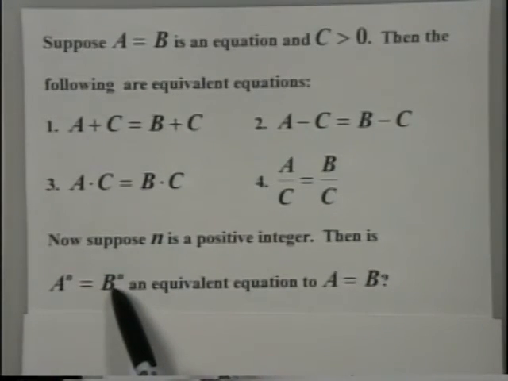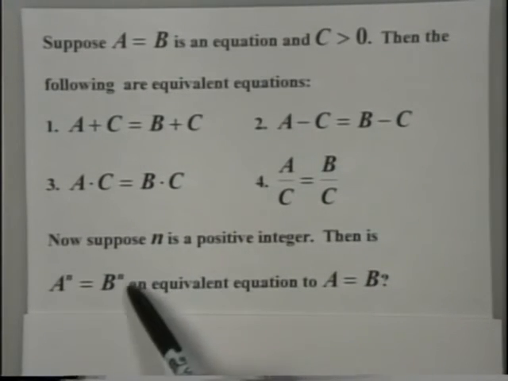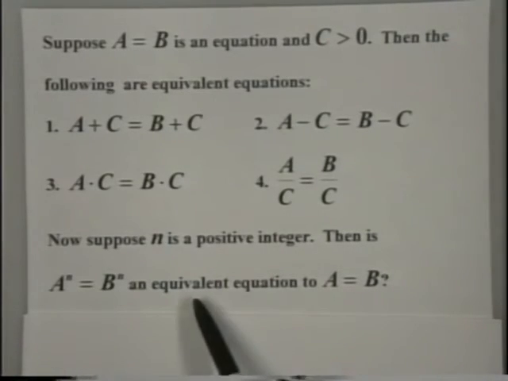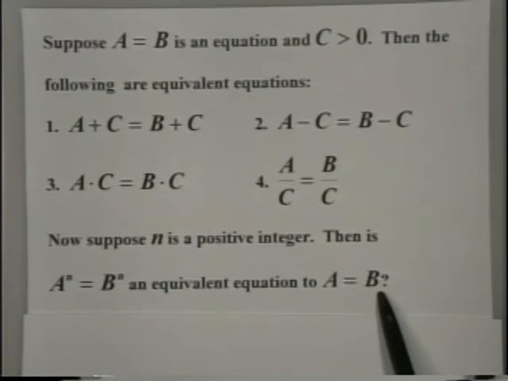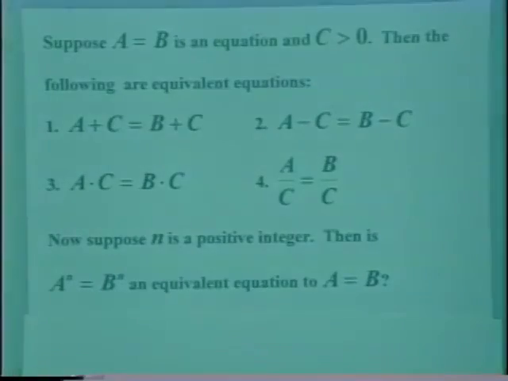Can I take the nth power of both sides and expect that I'll have an equivalent equation to the original one? That's the question. Well, the answer to that question is no.